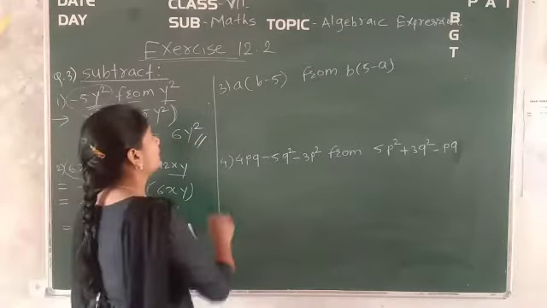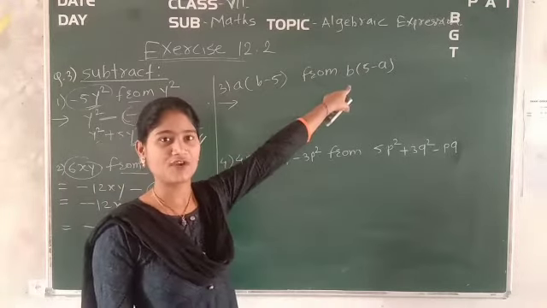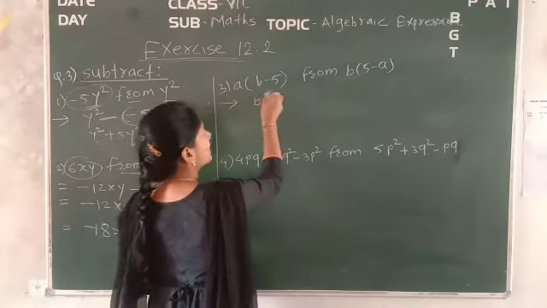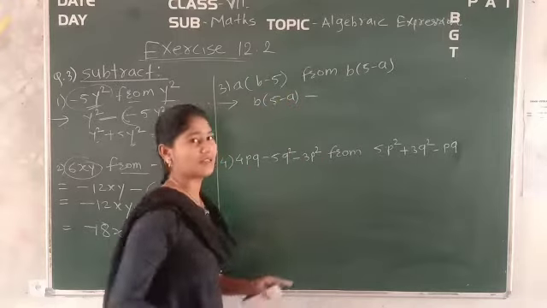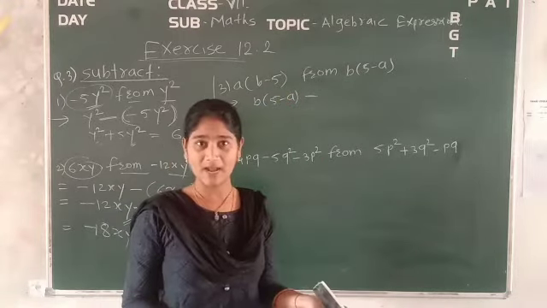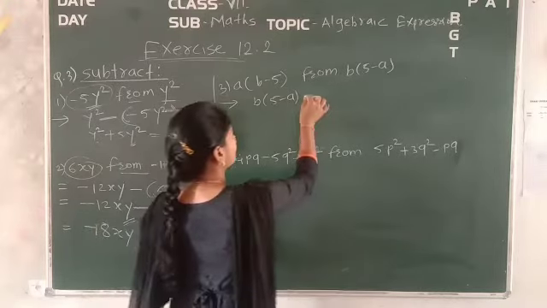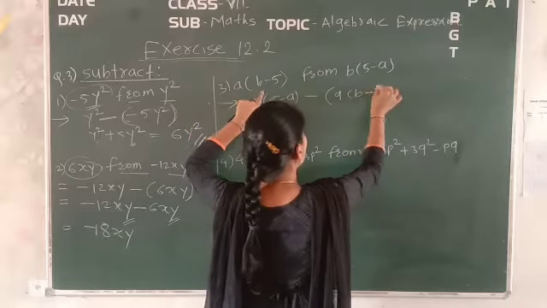Okay, within that what you have, that is whatever the number which is written after from, you have to take it first. Okay, so take it first, that is b 5 minus a minus first number will be in the bracket. Now already there is a bracket, so no need to confuse, keep another bracket. Okay, that is minus bracket of a minus a into b minus 5.